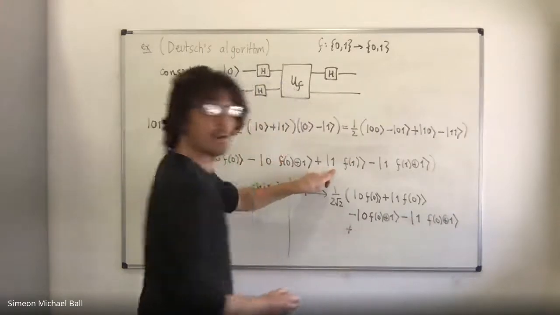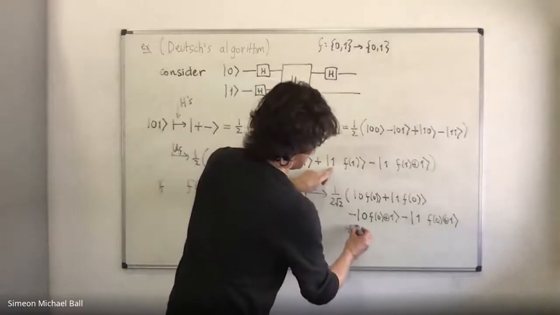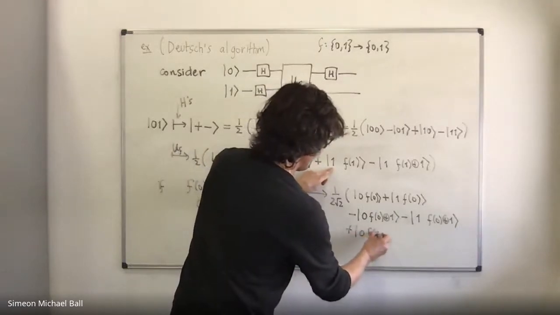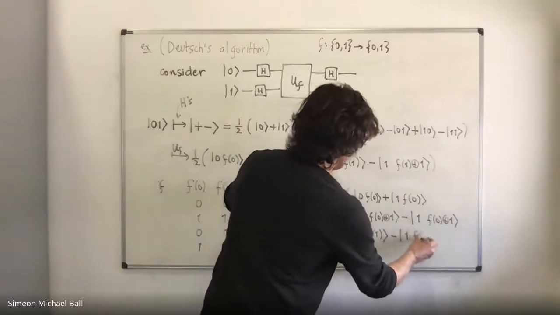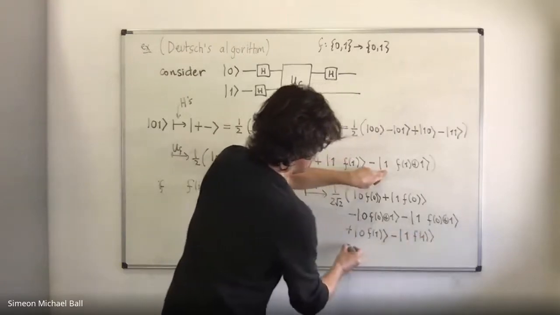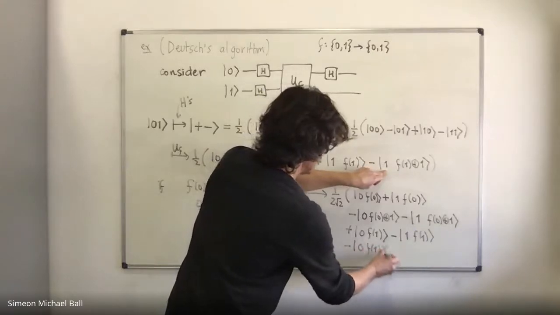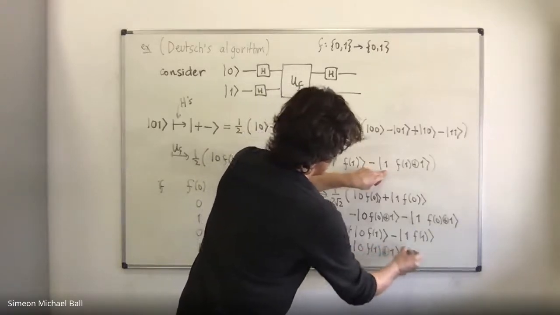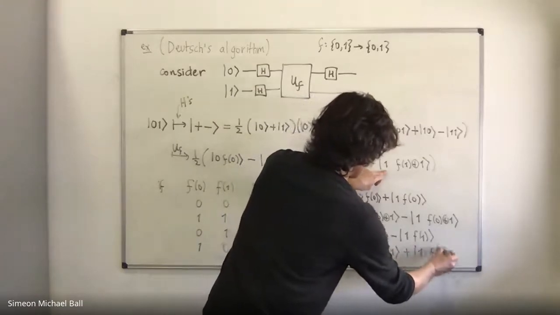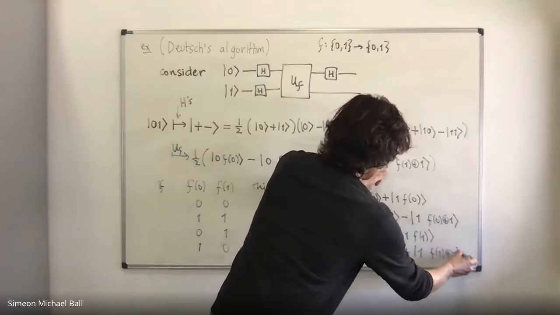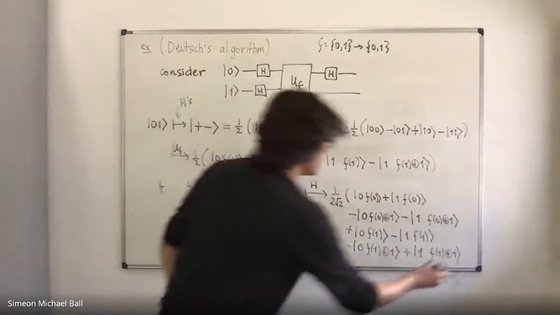So I've got to apply the Hadamard just to the first qubit. So this is going to be a 0, 0 f of 1, and now we're going to have minus 1 f of 1, and the final one is a minus 0 f of 1 plus 1, and then I get plus 1 f of 1 plus 1. Okay. So this is all my states.